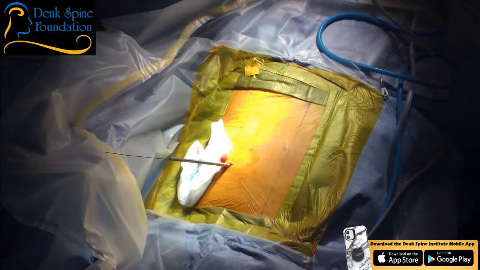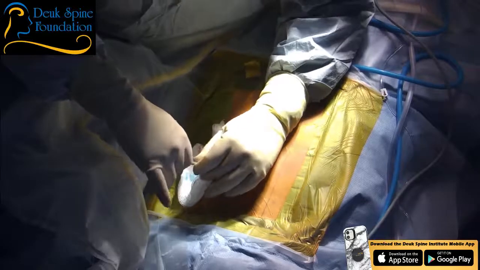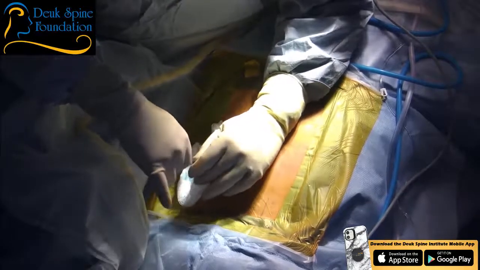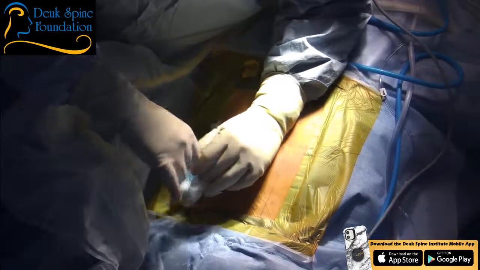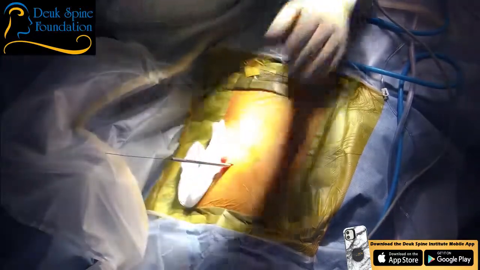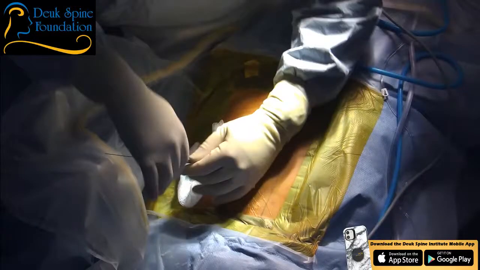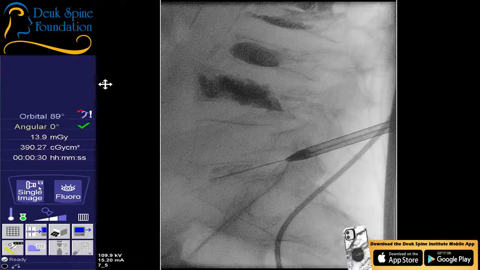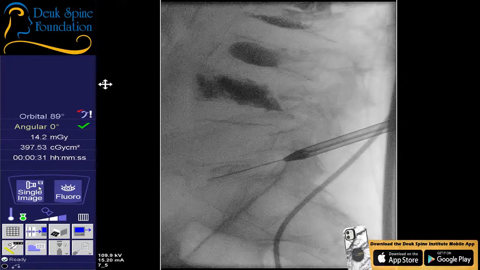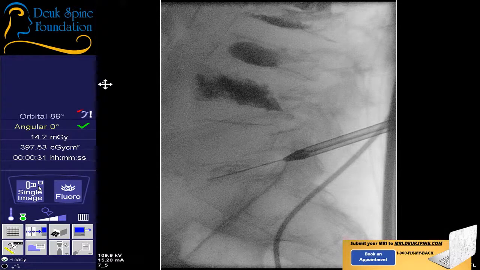We're just passing the facet joint. I put some more numbing medicine there to numb things up so it's not too uncomfortable for him. Are you okay? All right. Okay, so I need the impactor.